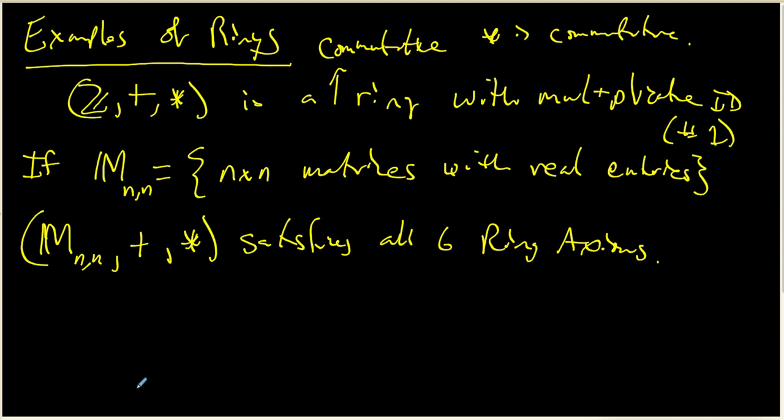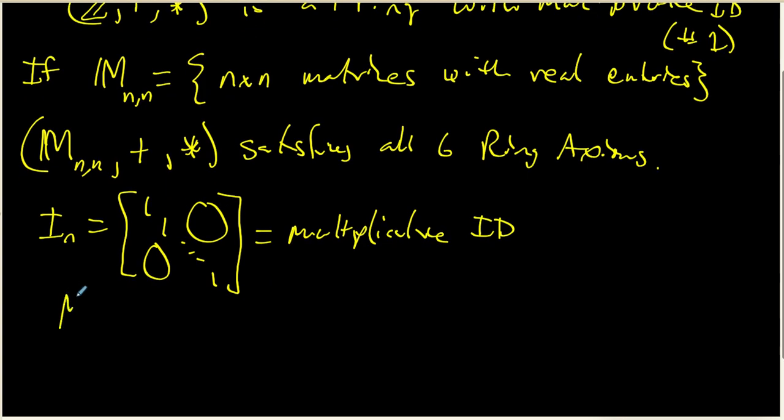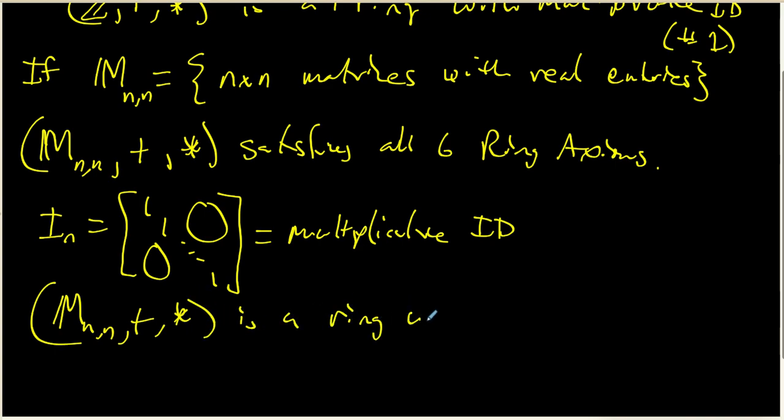And so this is an example of a ring, because the identity matrix, which looks like 1s on the main diagonal and 0s everywhere else, is a multiplicative identity element. This particular ring, under its plus and times, is a ring with multiplicative identity.